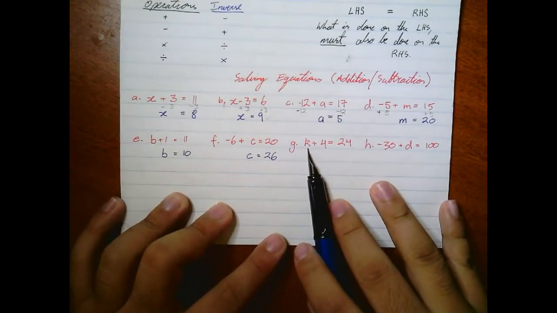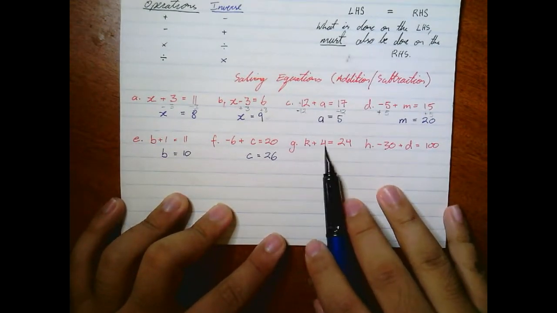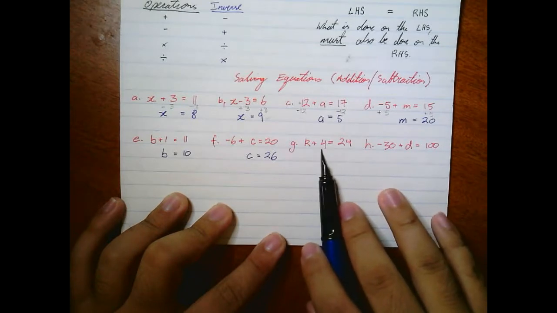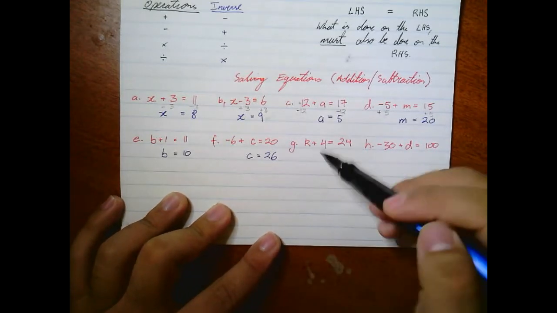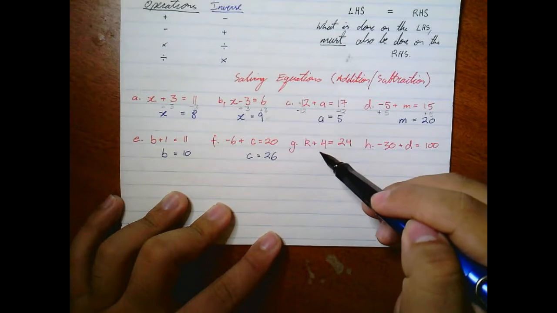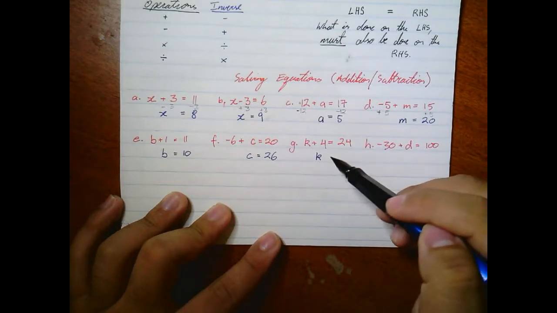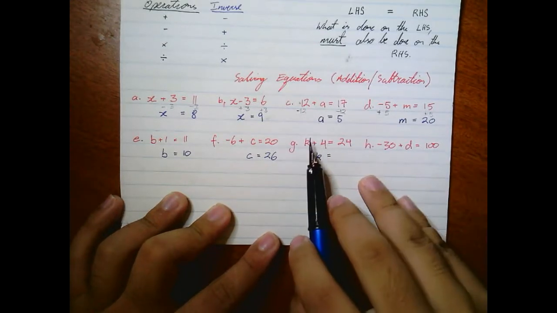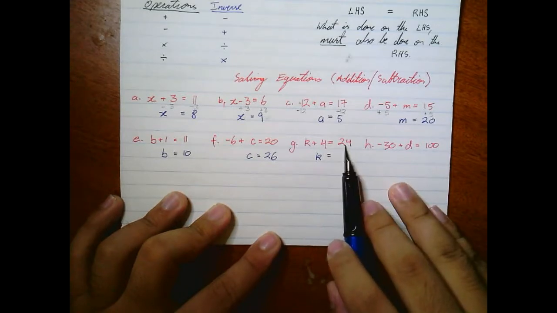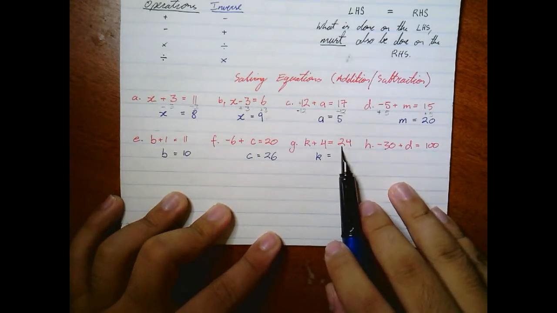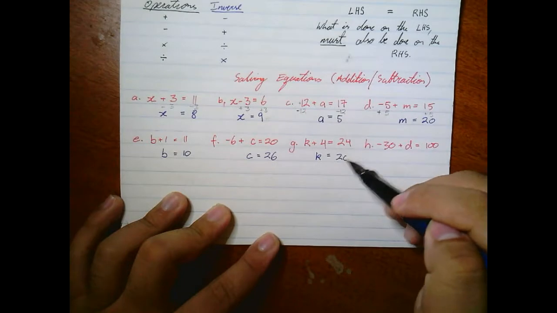Our pronumeral is K. Our operation is plus 4. The inverse is minus 4, so subtracting 4 on the left hand side, we get K by itself. And if we're going to minus 4 here, we're going to minus 4 from 24. 24 minus 4 is 20.